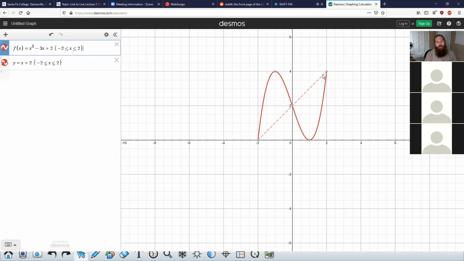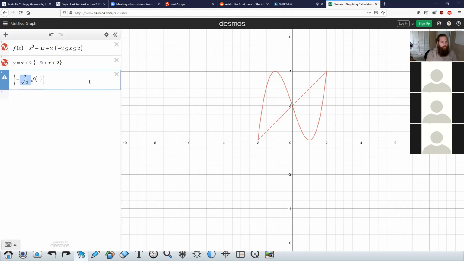And what the mean value theorem says is that somewhere in there, there is a parallel tangent line. And what we found is that there looks like there's 2 points like that. One of them is -2 over the square root of 3. So we'd have this point, comma, f of that value.